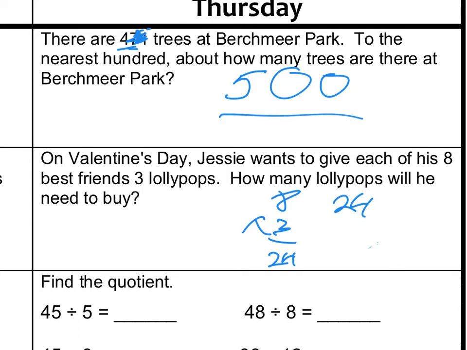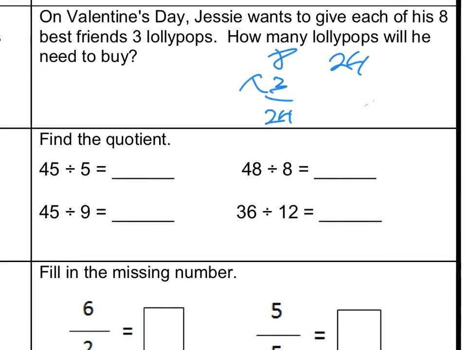Our next question is, find the quotient. It says 45 divided by 5. That would be 9. This next one says 45 divided by 9.